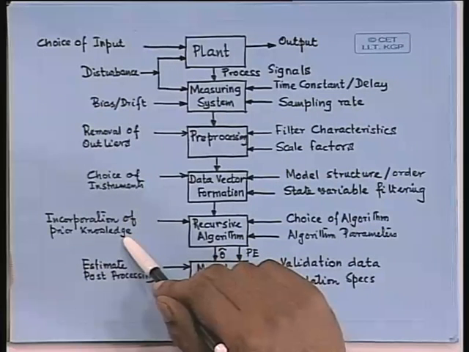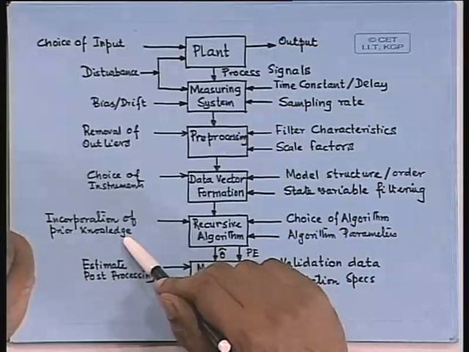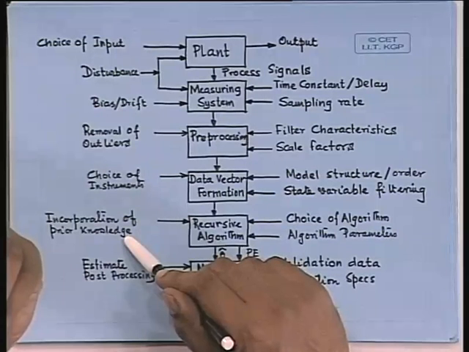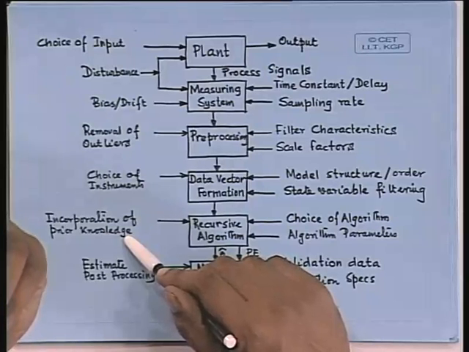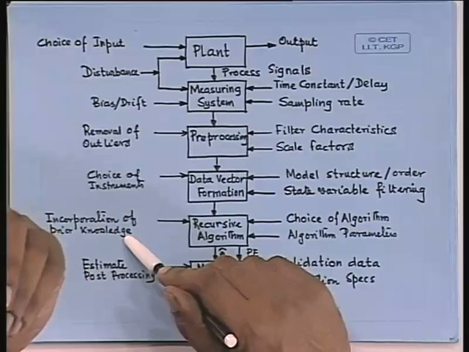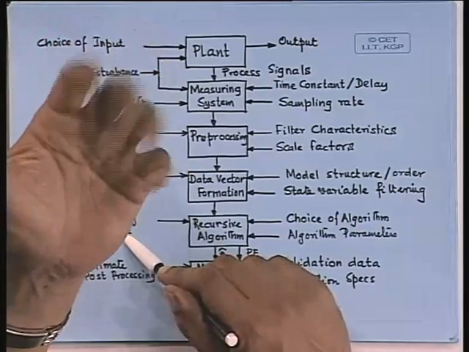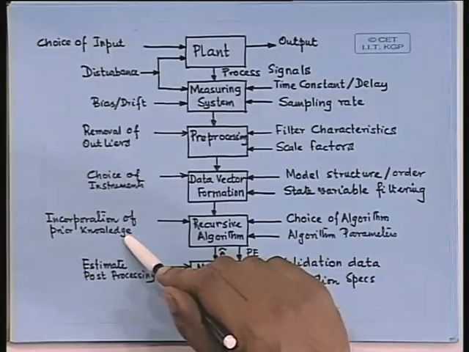If you know that the system is stable, or if you know that its dominant time constant is not more than 10 seconds, you must use it, because if at any point your algorithm throws up a time constant which is more than 10 seconds, you don't update that, because you are sure that it is not more than 10 seconds. So you need to know how you can incorporate the existing knowledge about the model that you have based on prior experience.